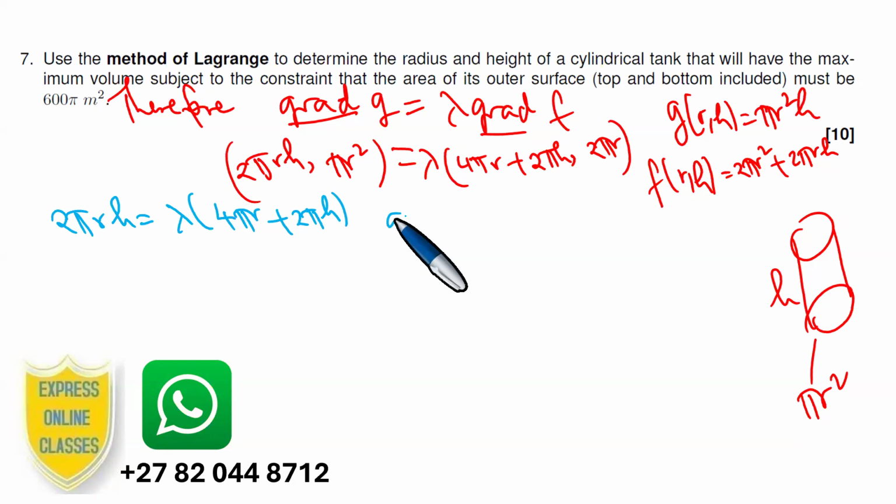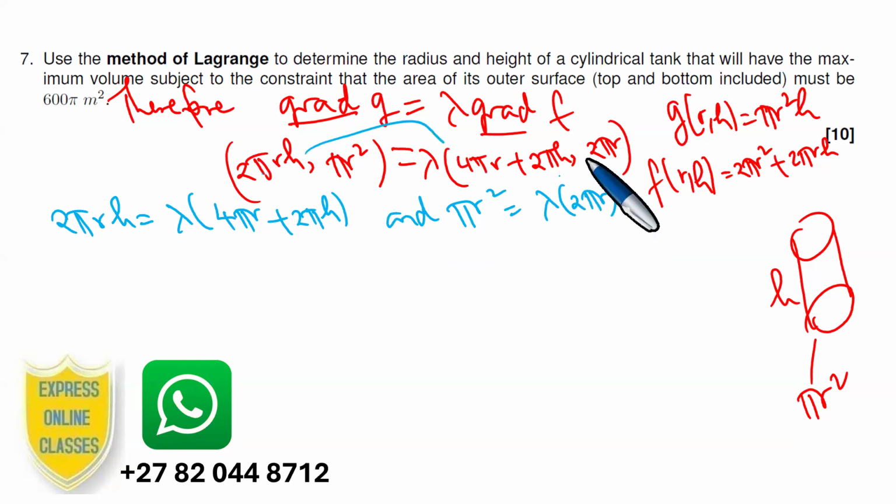And pi r squared is lambda times 2 pi r. So the first component we equate to the first, and the second component is equated to the second component, just likewise.